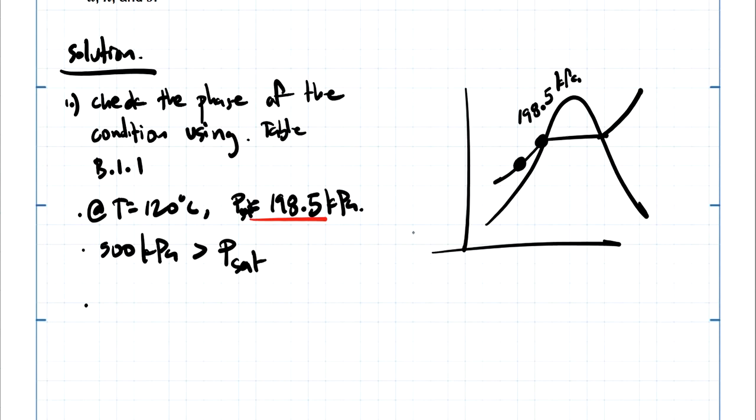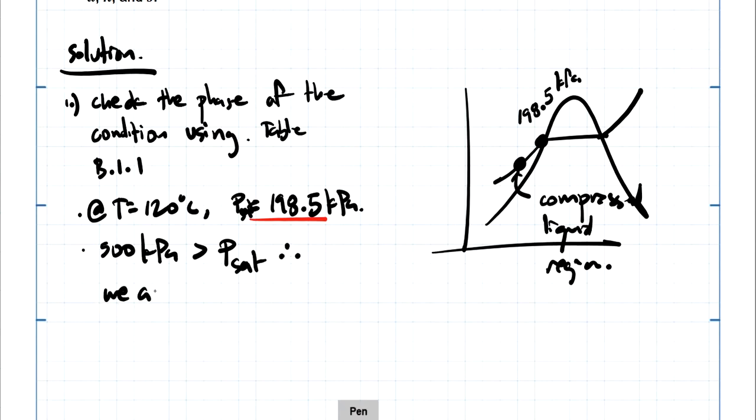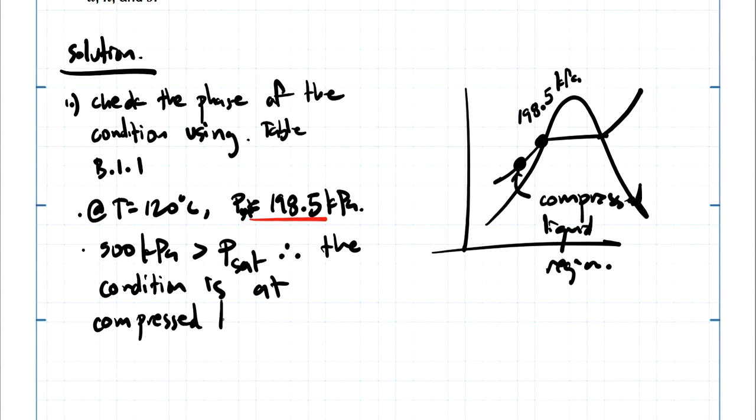So the condition would be in the compressed liquid region. So 500 kPa is greater than P sat, therefore the condition is at the compressed liquid region.